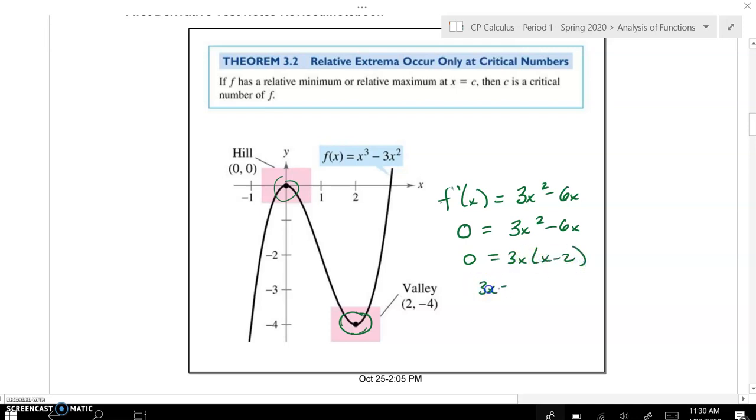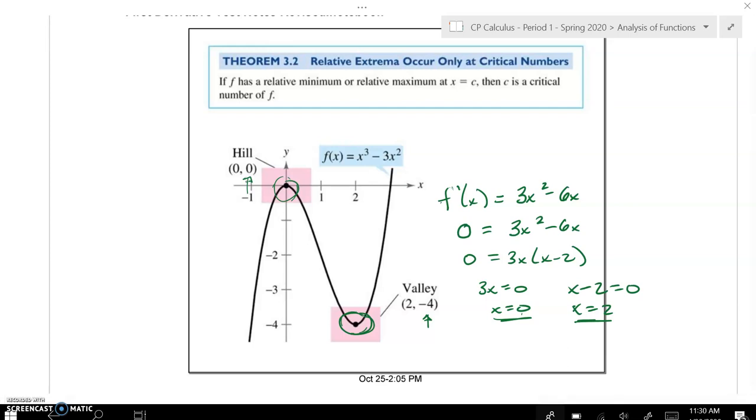When I do that, look at the two x locations at which I have critical values and therefore a relative min or a relative max: where x is equal to 0, there it is, and where x is equal to 2, there it is. The y component can be found just by plugging that x value back into the original function and getting the y part of that coordinate.